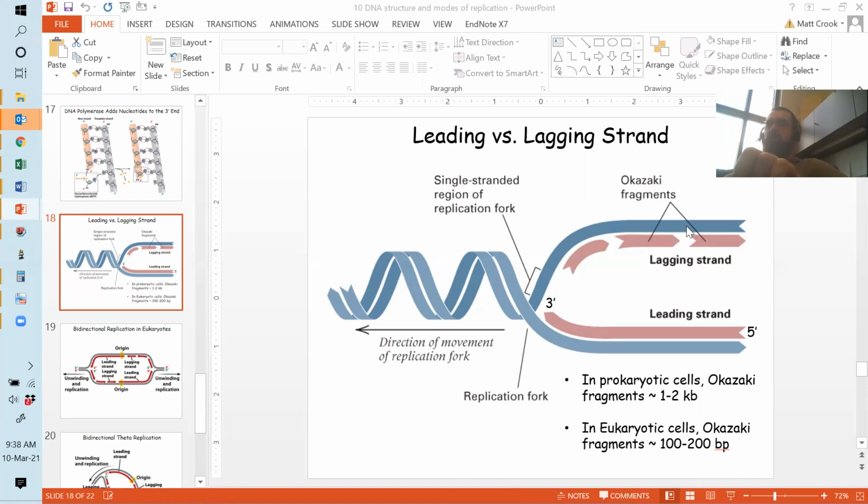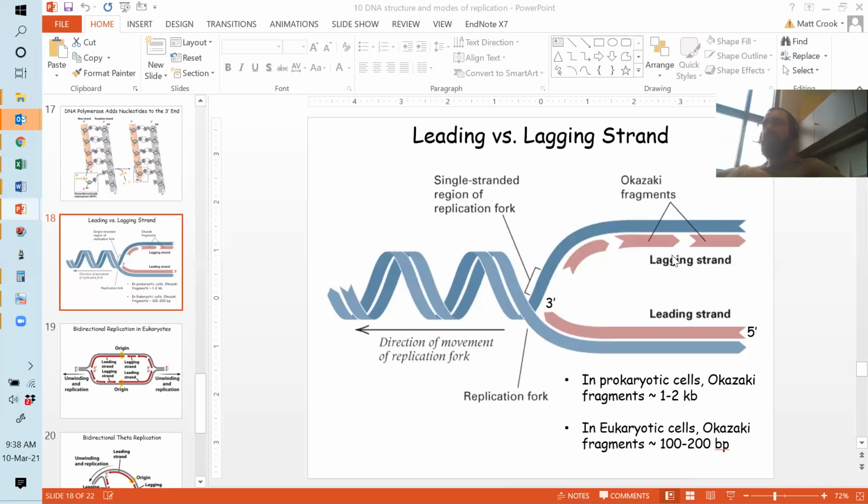Basically that strand is kind of looped over and bent backwards. So you can still synthesize the new strand 5' to 3' in the same direction, but you can only do a little bit, and then you have to flip it back in again, synthesize a little bit, flip it back in, and keep doing that in little chunks.